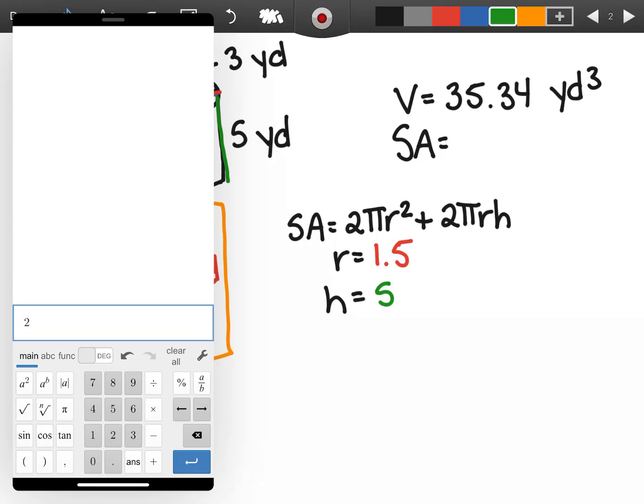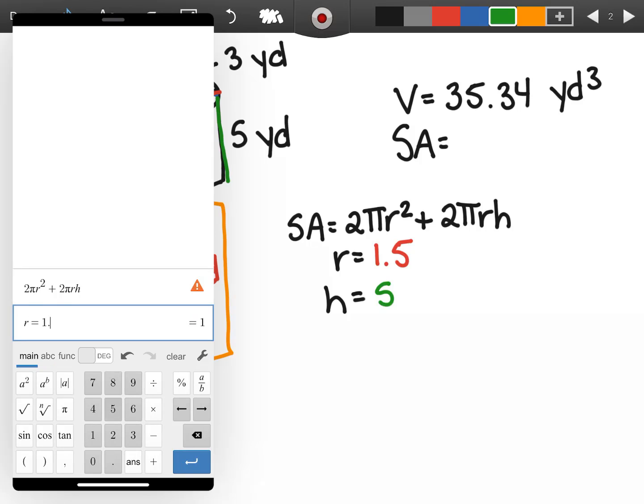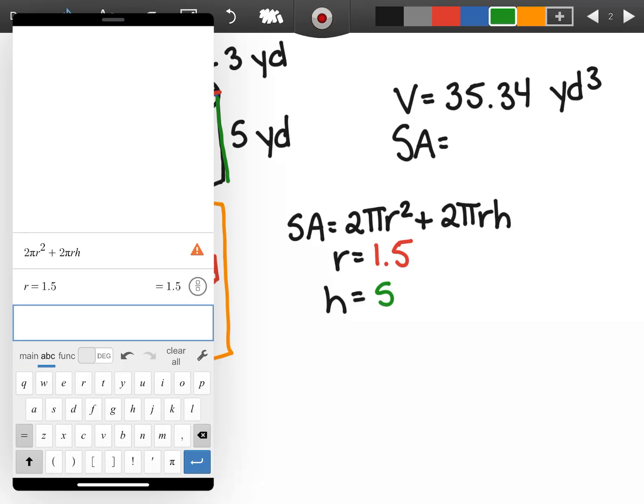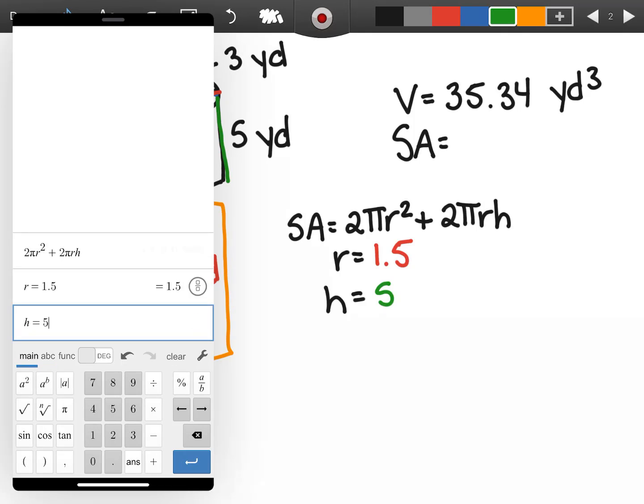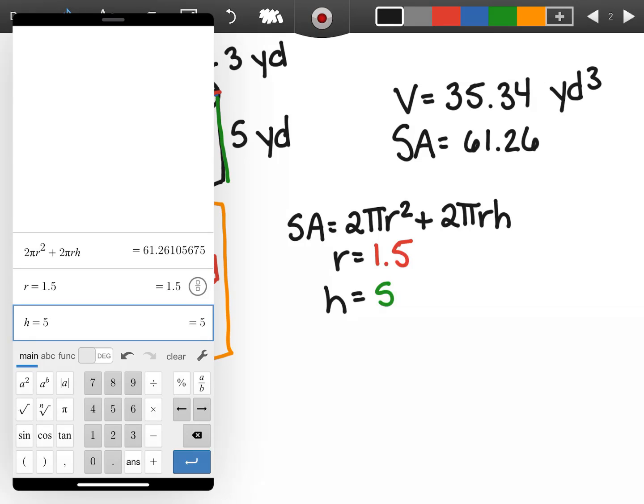So 2 pi r squared plus 2 pi r h, hit enter. R is equal to 1.5 and h is equal to 5. So we end up with a surface area of 61.26. And just like a rectangular prism, this will either be in square yards or yards squared.